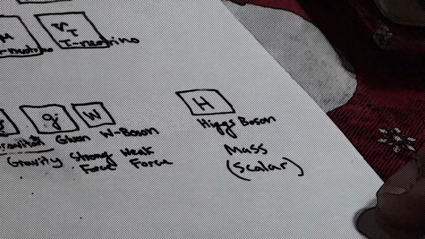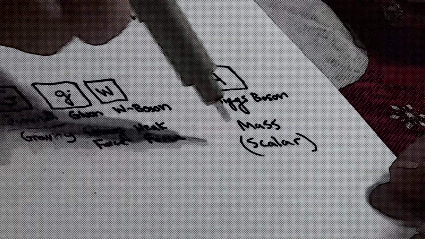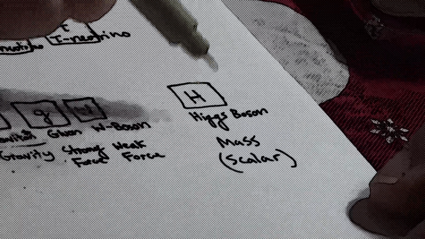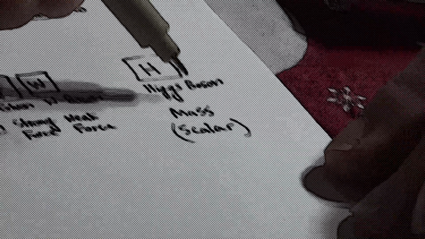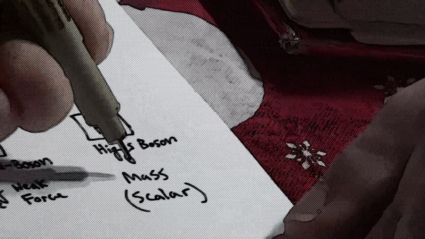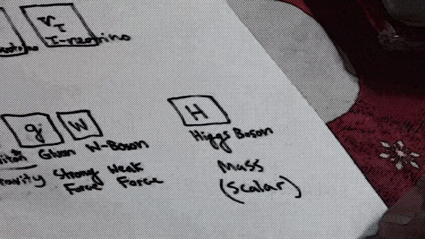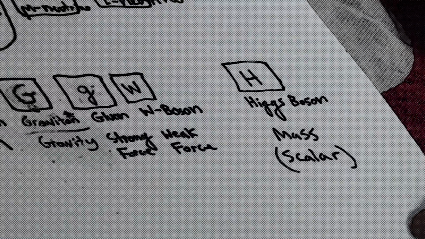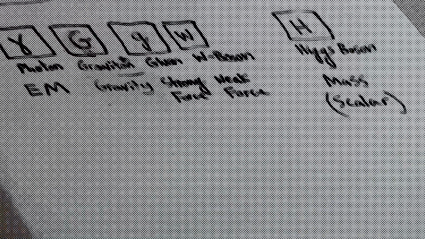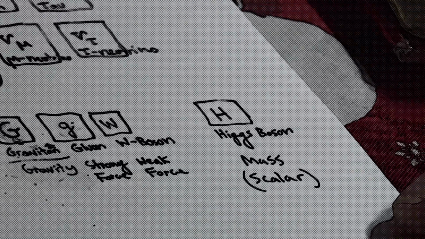One sec. The particle of mass was not discovered for a long time until they discovered it, and then they knew it existed, and they had direct evidence of it. And it's a particle that's associated with mass. You might wonder, why does everything have mass? Well, it just does. It's the way God made it. But there's also a particle that's associated with it.